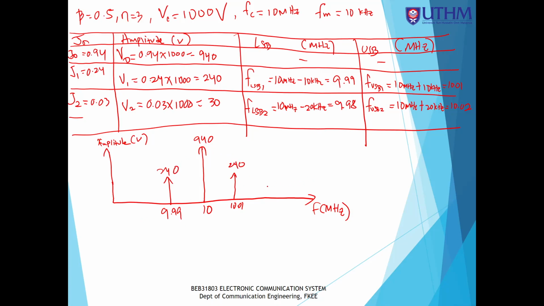And then another pair is located at 9.98 megahertz and also 10.02 megahertz with the amplitude of 30 volt. That's it. This is the amplitude spectrum, amplitude in volt versus frequency in megahertz.